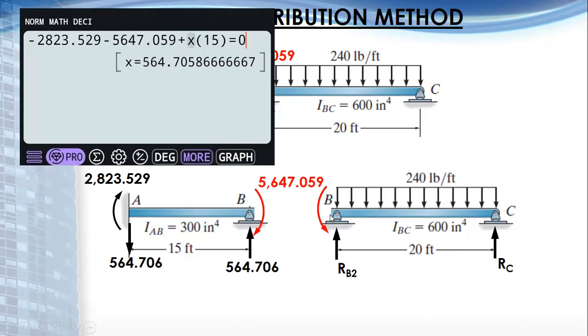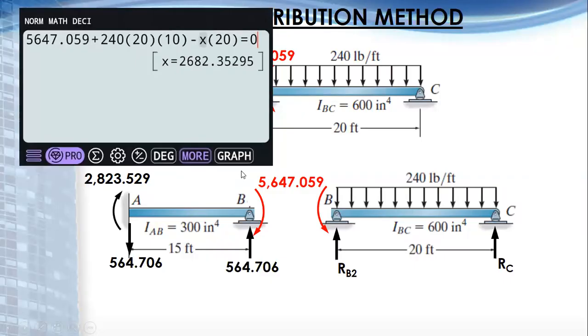And for beam BC, let's sum up moment about C. So 5647 is positive counterclockwise. RB2 is negative clockwise, while the uniform load is positive, that's counterclockwise. We have this one. Positive 5,647.059 plus, for the uniform load, compute first the resultant.